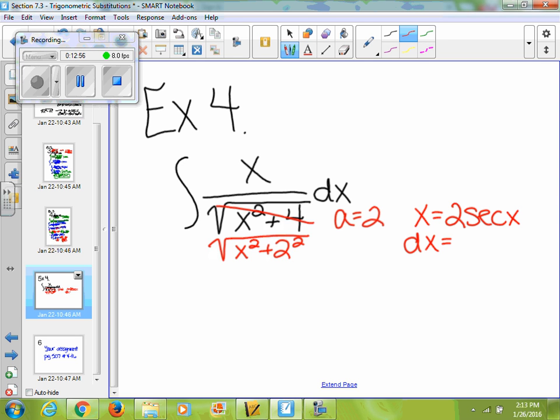Anybody remember the derivative of secant of x? The derivative of secant is secant tangent. So this would be 2 secant tangent because of the 2 secant.